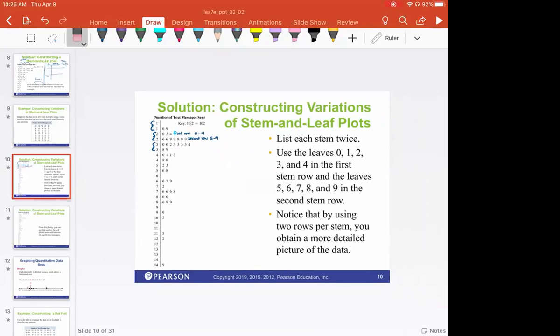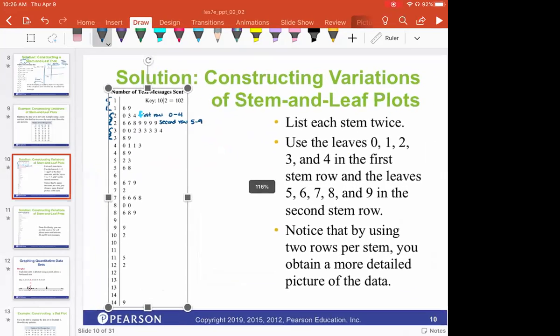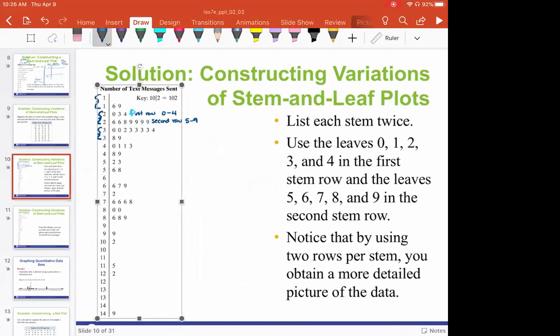So let's go ahead and read our slide. It says list each stem twice. Use leaves 0, 1, 2, 3, and 4 in the first stem and row, and the leaves of 5, 6, 7, 8, and 9 in the second row. And instead by using 2 rows per stem, you obtain a more detailed picture of the data.